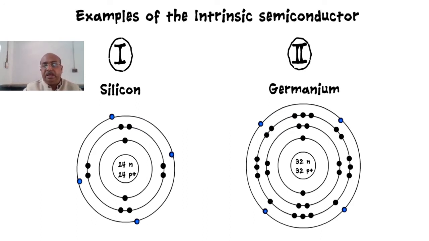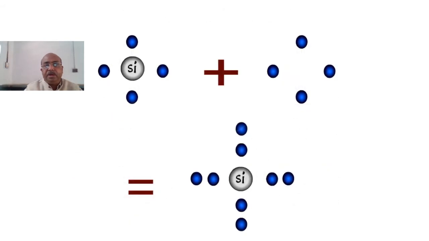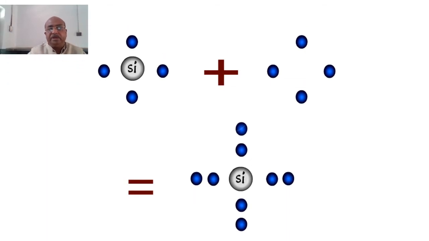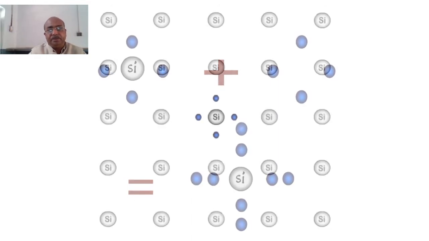Similarly, germanium also has four outer shell electrons that are ready for sharing. If silicon gets four more electrons, then it has its octet complete, and this way it has its complete configuration.